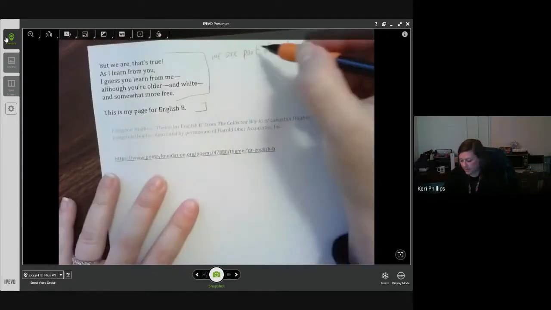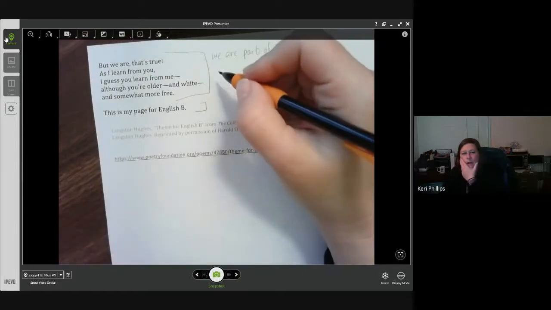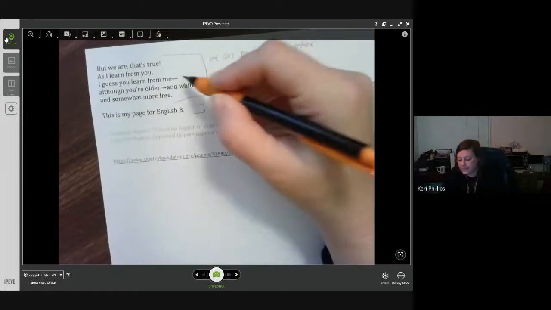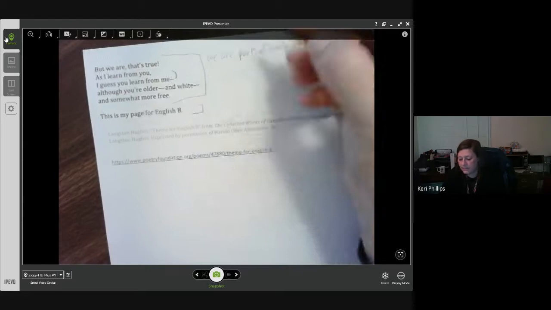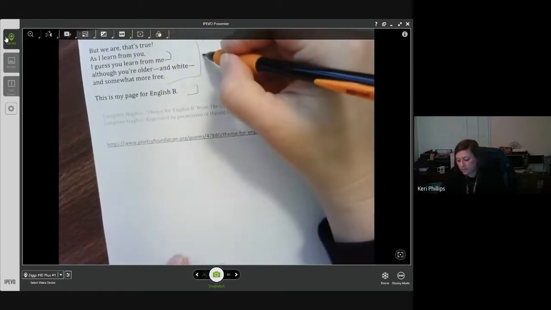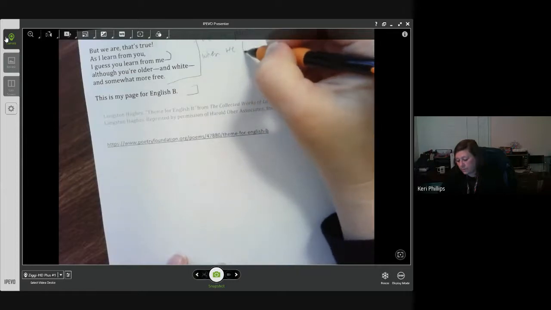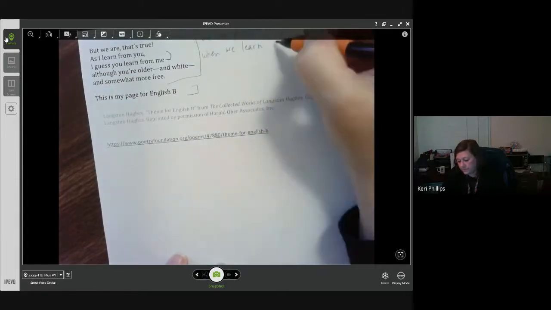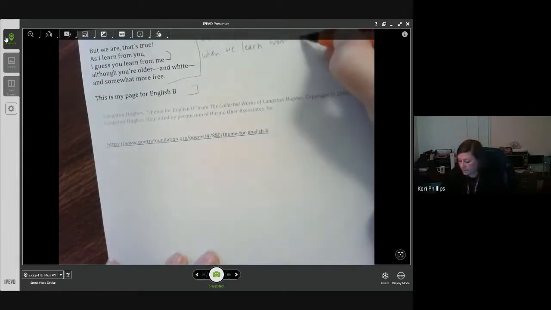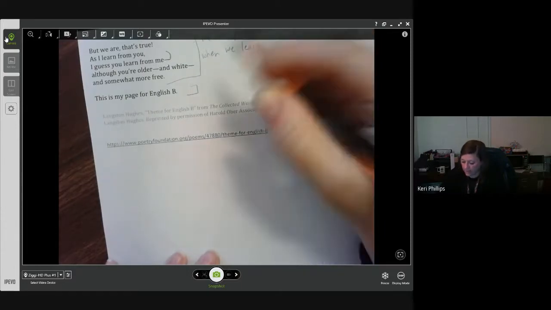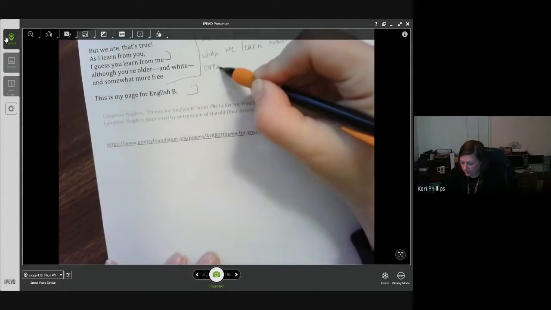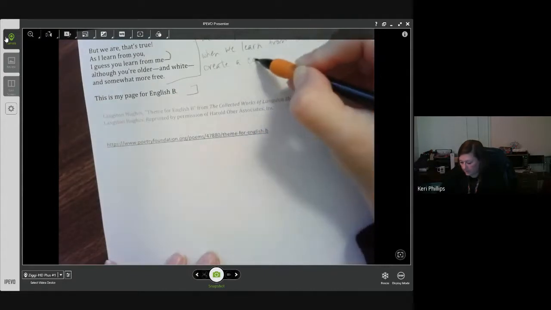So he's saying we're part of each other. So why are we a part of each other? And to me, it stands out in this line here. When we learn from each other, we create a connection.